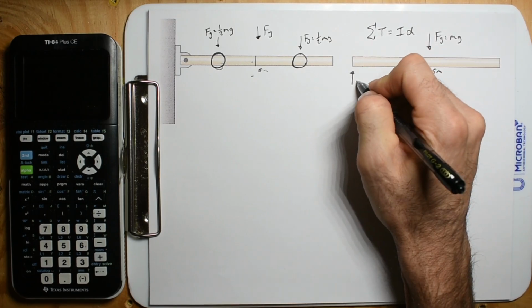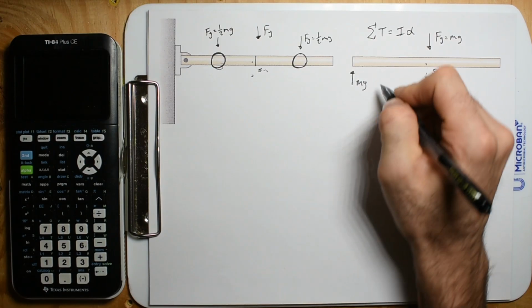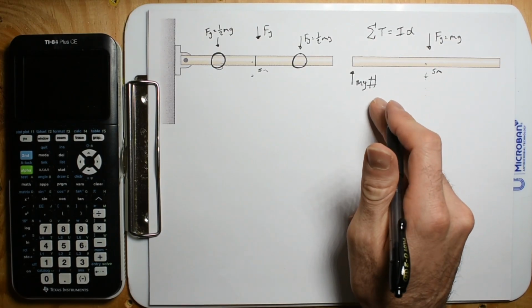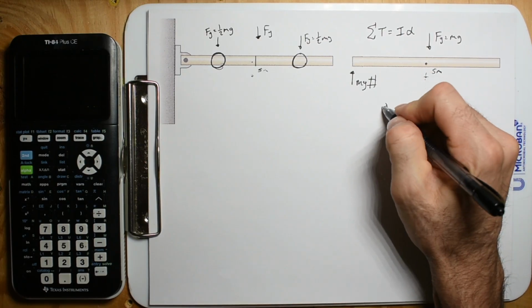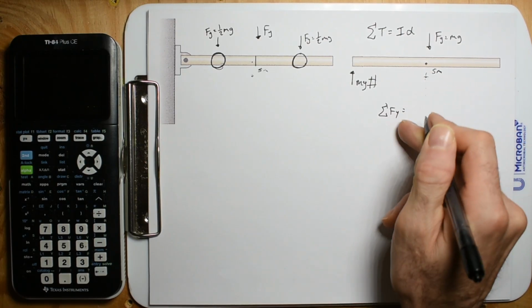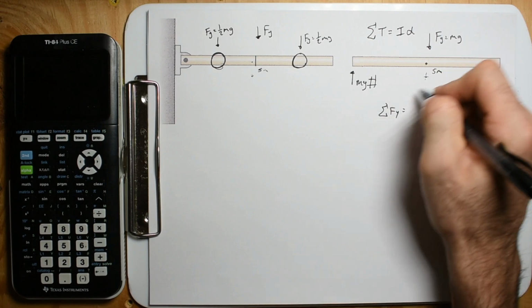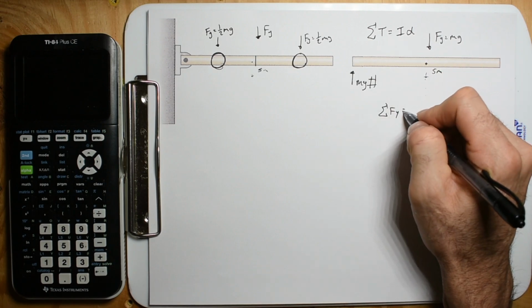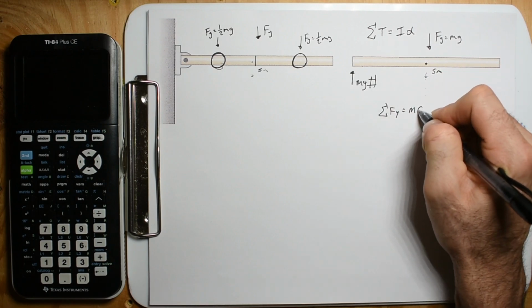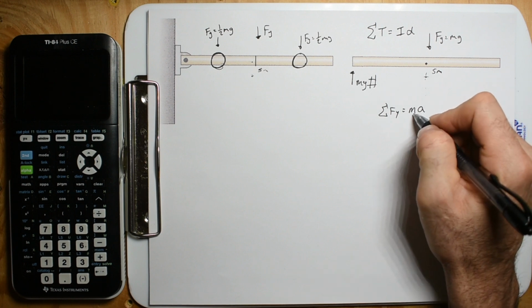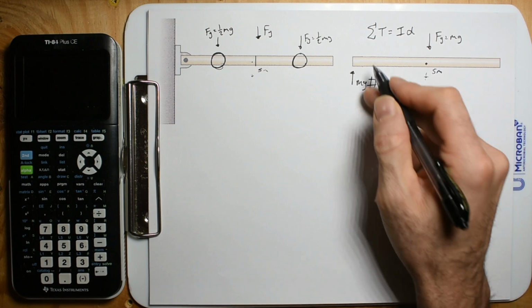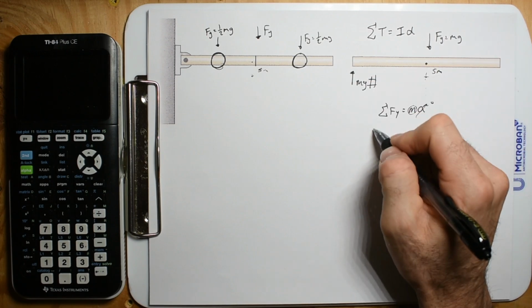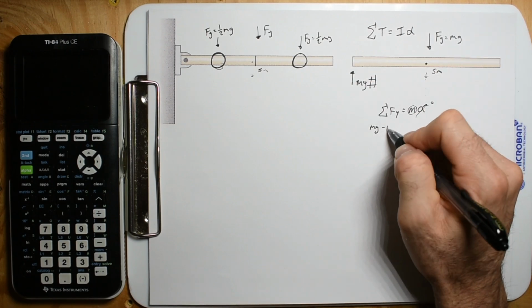If I apply the same force, mg, that same quantity, what happens is that the sum of the forces in the y direction sums to 0, so the acceleration of the center of mass will be 0, because we would have an mg up minus the mg down.